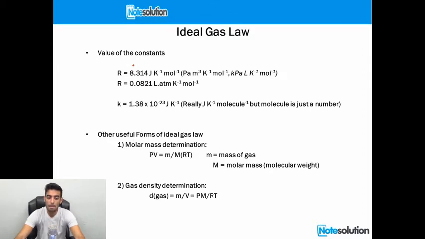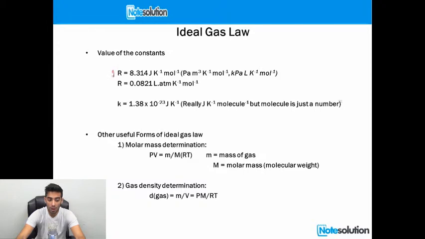So for R, there are two values that are usually used. The first one is 8.314 joules per Kelvin per mole. There are also other units we could use, such as Pascal meter cubed per Kelvin mole or kilopascal liter per Kelvin mole.